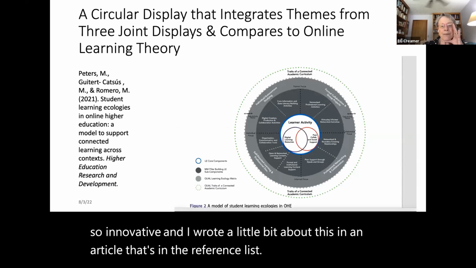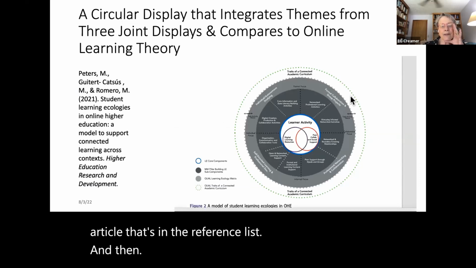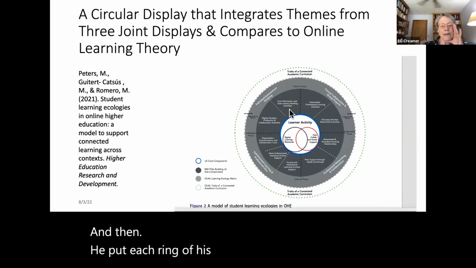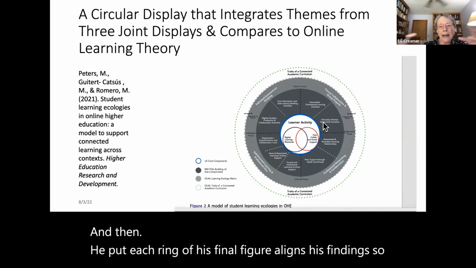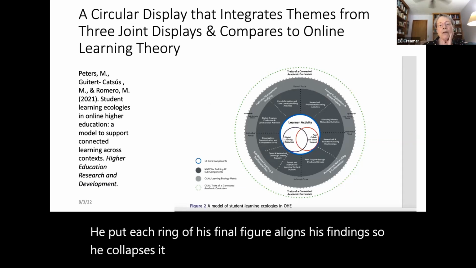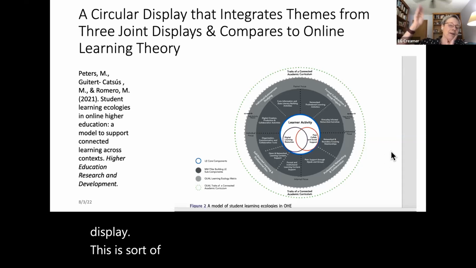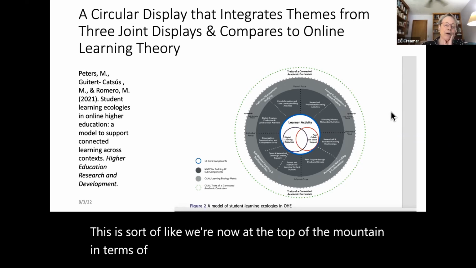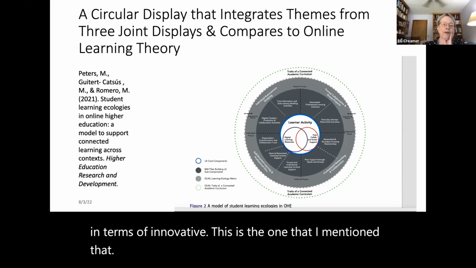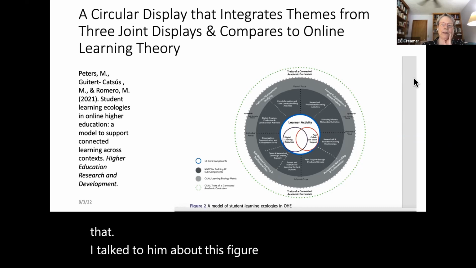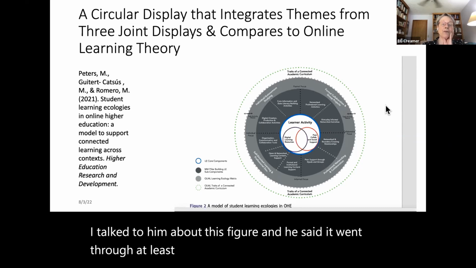And then he put each ring of his final figure aligns his findings. So he collapses it into what is called a meta joint display. This is sort of like we're now at the top of the mountain in terms of innovative. This is the one that I mentioned that I talked to him about this figure, and he said it went through at least 60 different iterations. This was his dissertation.